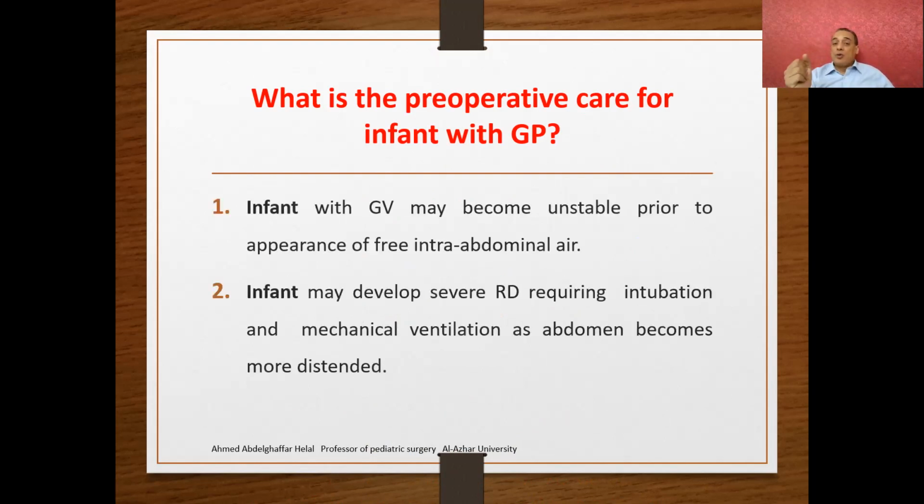An infant with gastric perforation may become unstable prior to the appearance of intraperitoneal air. The infant may develop severe respiratory distress, requiring intubation and mechanical ventilation as the abdomen becomes more tense or overtly distended, compressing the diaphragm, preventing effective or adequate ventilation.